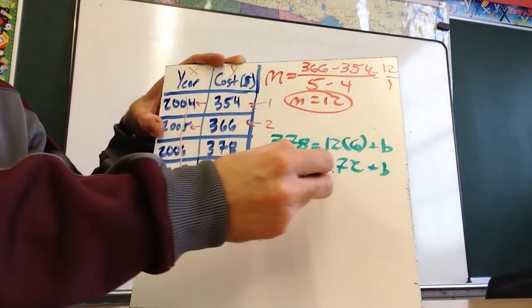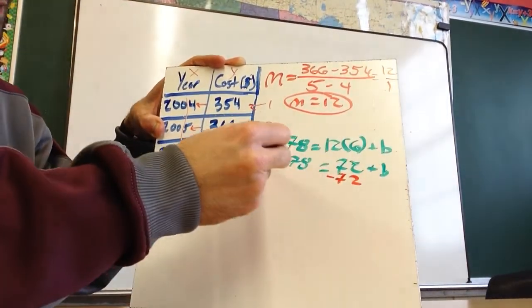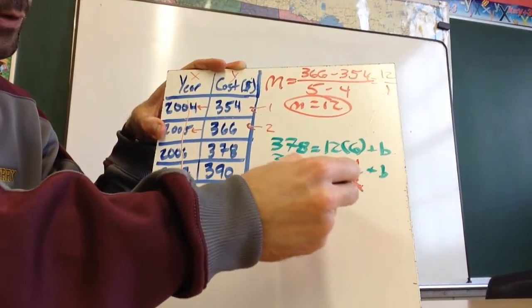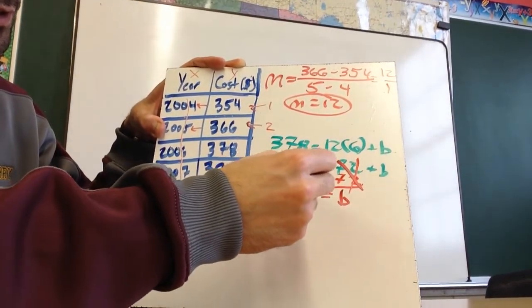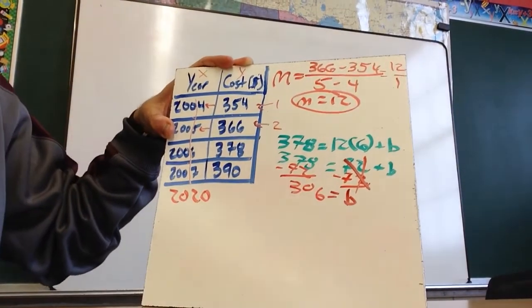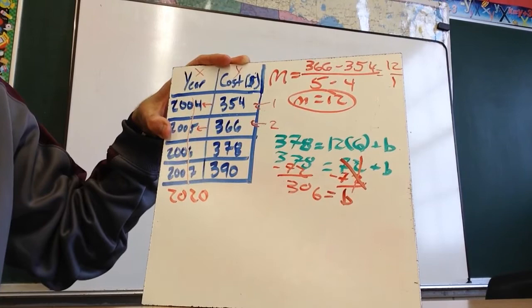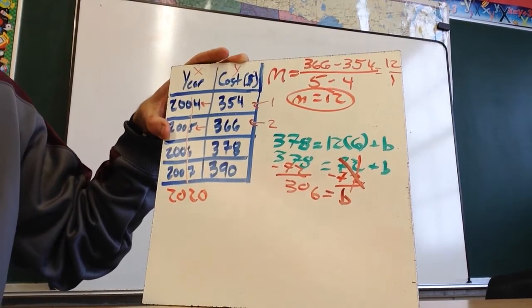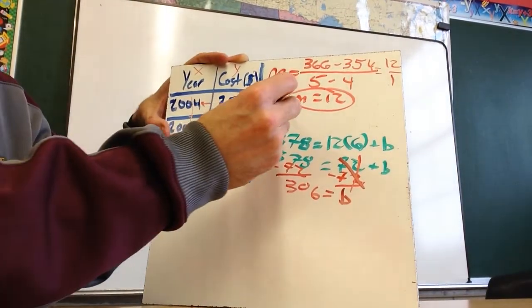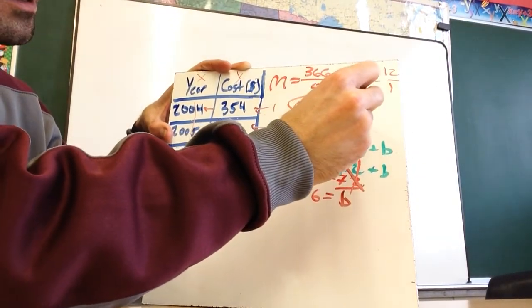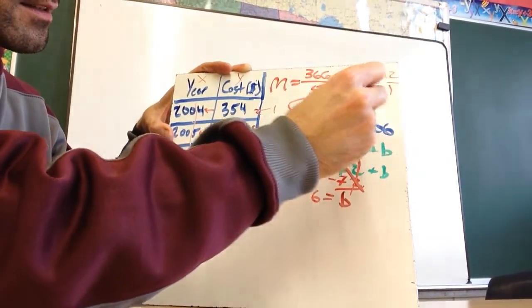Okay, and then I'm going to subtract 72 from both sides. That goes away. I'm left with b equals 306. So my equation for the cost of domestic flights in the United States would be y equals 12x plus 306.